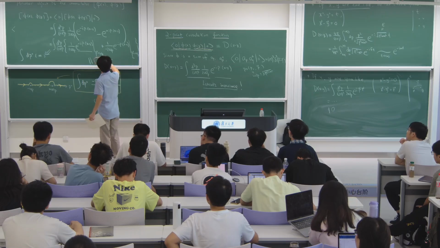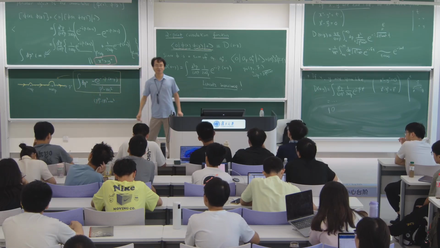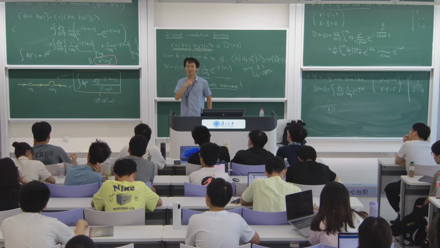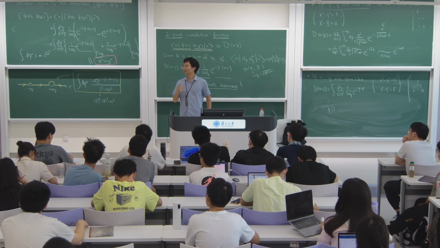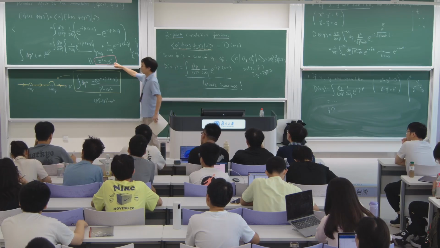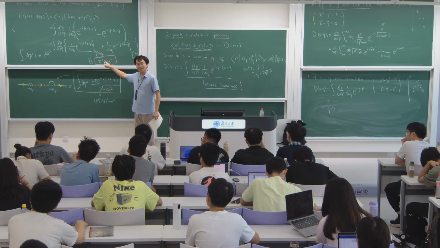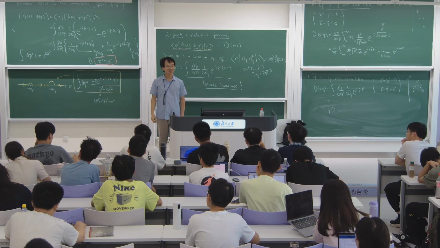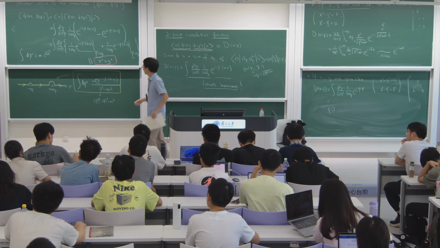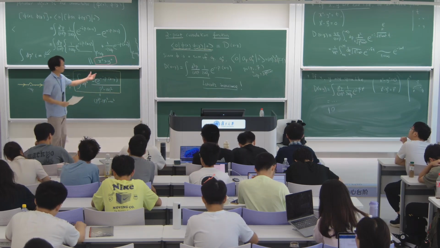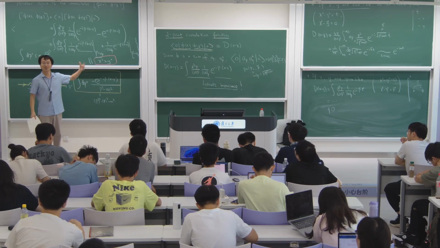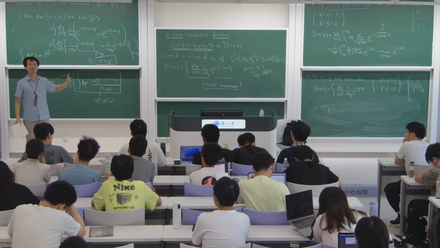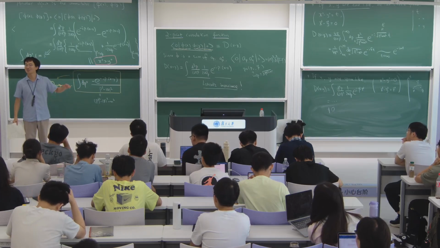Why? Anyone care why this is the essential condition? That's right. This condition essentially tells you how you can close the contour, okay? Look, as you learned in your complex analysis, maybe there's a chapter called integral and residue, how you calculate the integral using the residue.